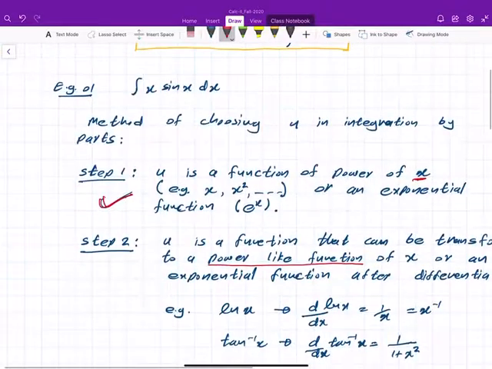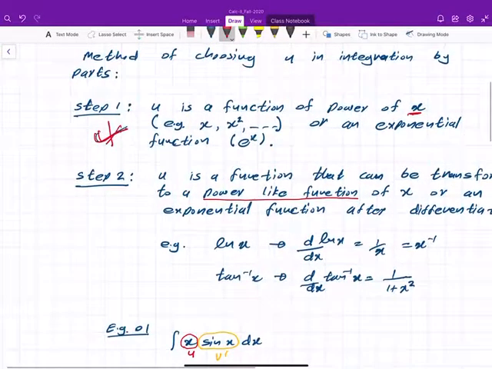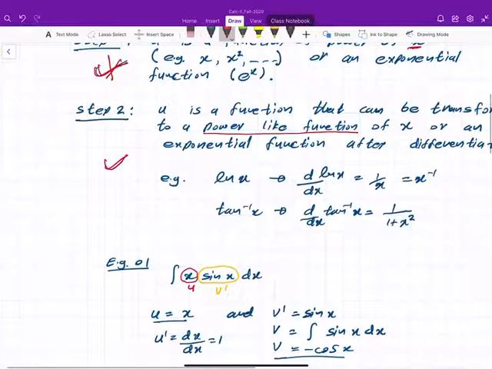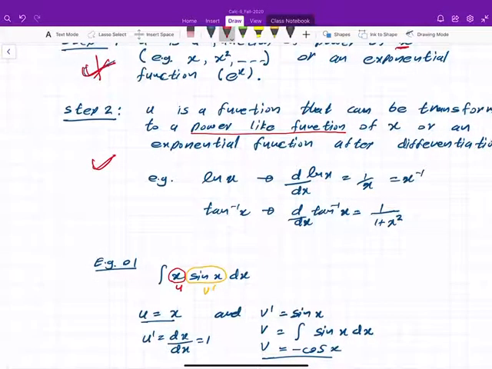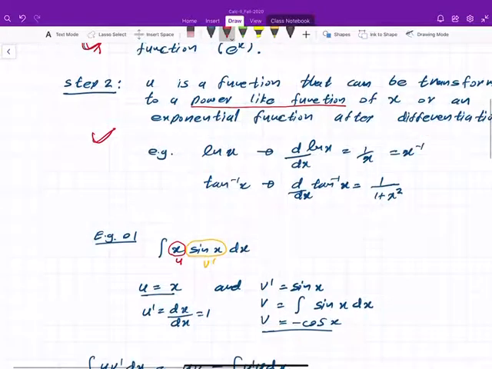Okay, so method 1 does not work. Okay, go to method 2. Use a function that can be transformed to a power-like function of x or an exponential function after differentiation. Now you have tan inverse x over there. Once you differentiate that, it will give you a power-like function. Okay, so you have to use step number 2.